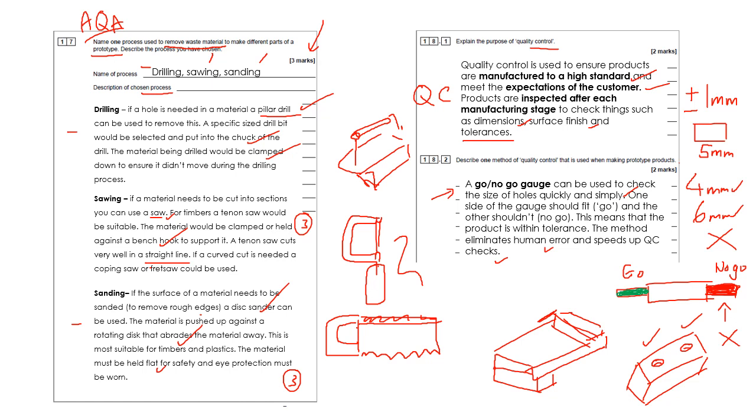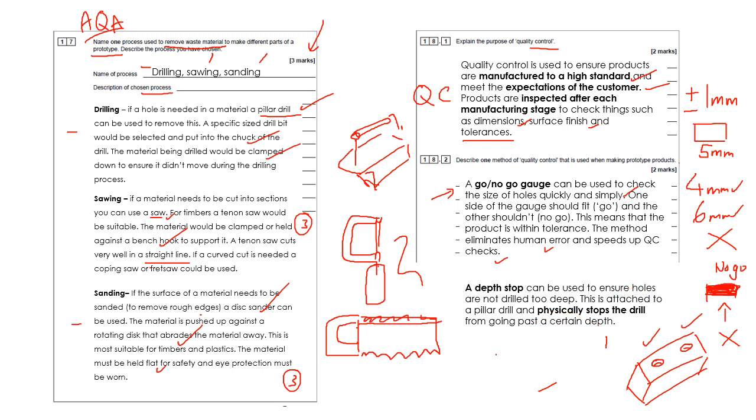There are other quality control checks that you can put in. So I'm just going to rub out my beautiful sketches here, because the other thing that you can talk about with this is a depth stop. So say you were drilling into a piece of material with a drill bit, you can actually have something mounted onto the drill so that when the drill gets to a certain point, it's going to stop it from going in any deeper.